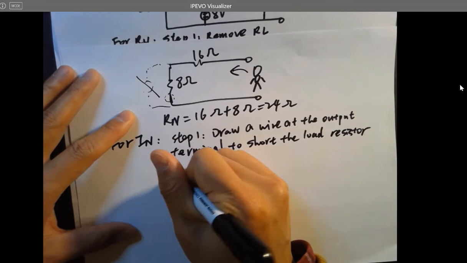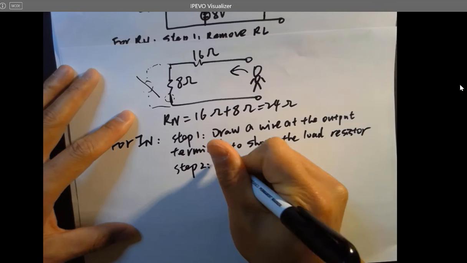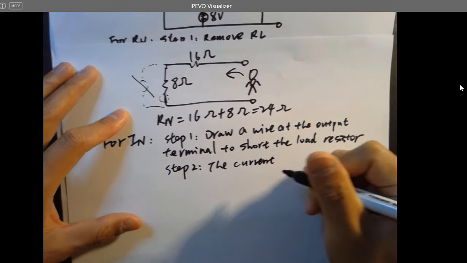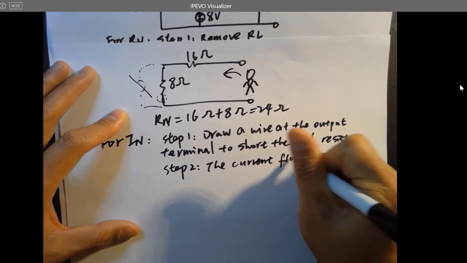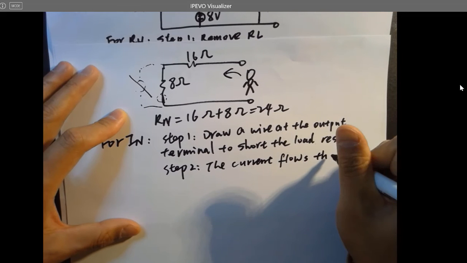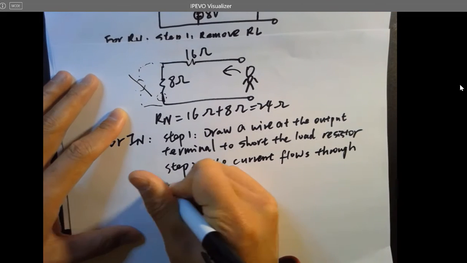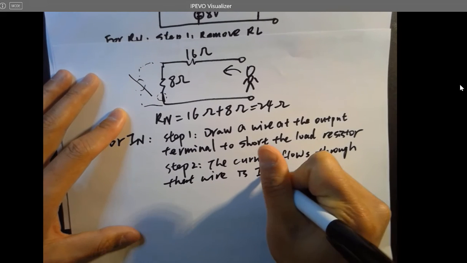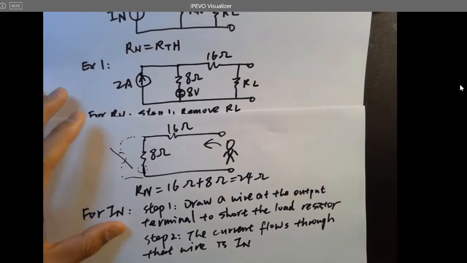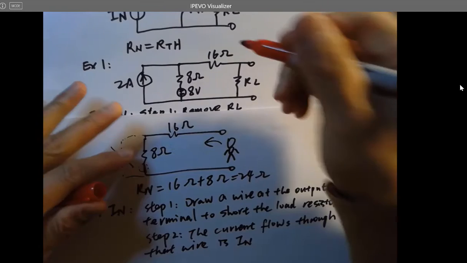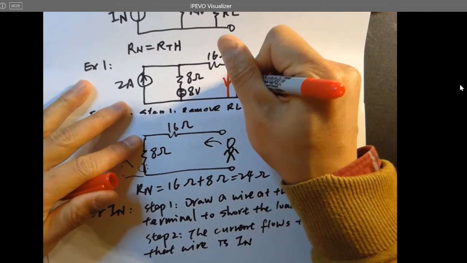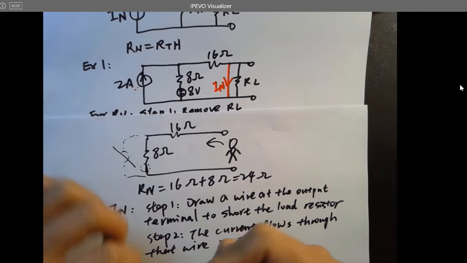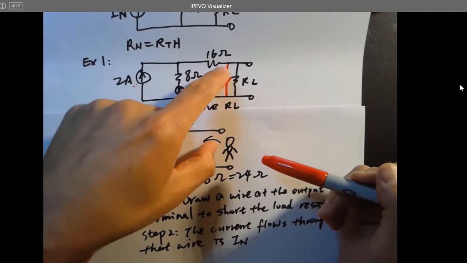And step 2, the current that flows through that wire is In. That means if you draw a wire here, this will be In. Definitely keep the current source and voltage source in there because they both contribute current.